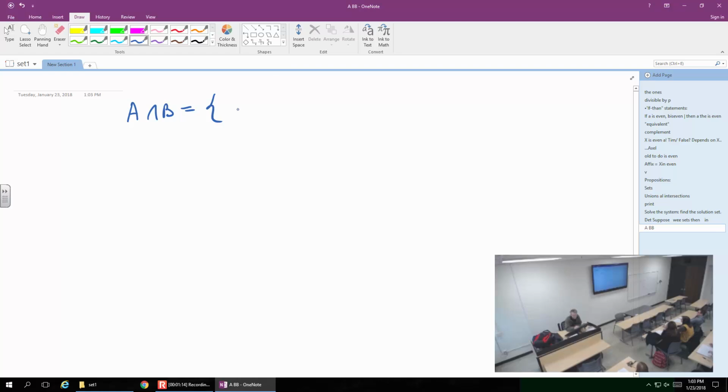It is those x's such that x belongs to A, and here I will put this symbol. Remember, it simply stands for and. x belongs to B.